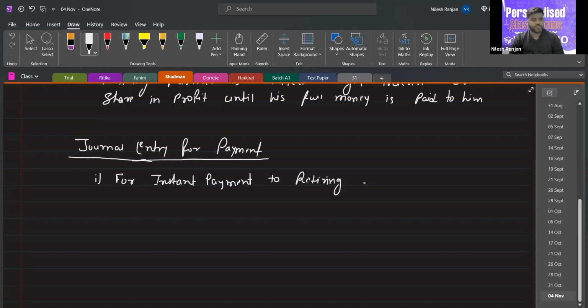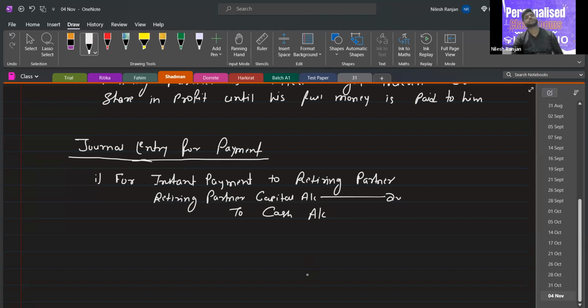So it will be retiring partner capital account debit to cash.